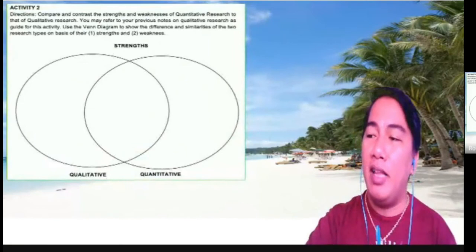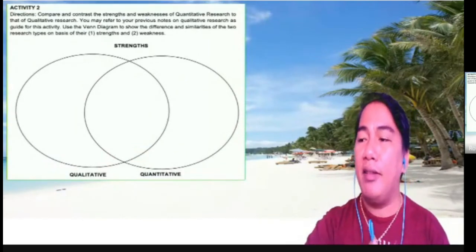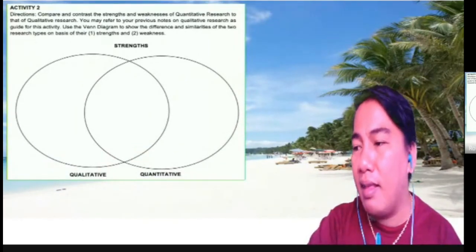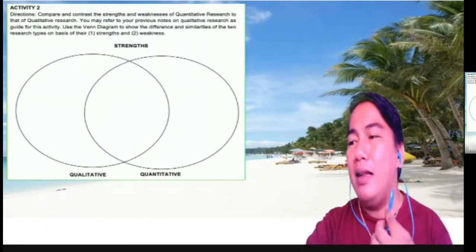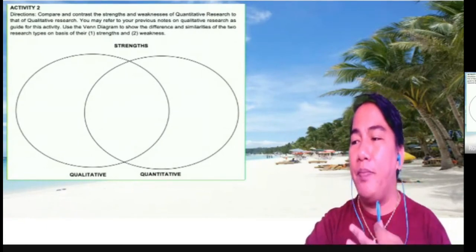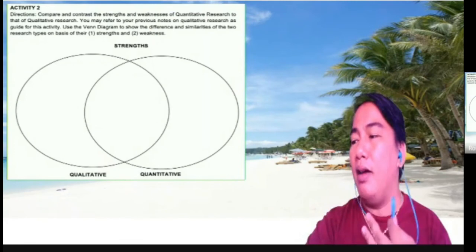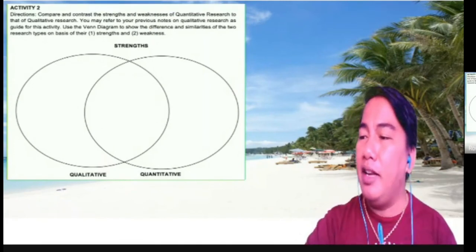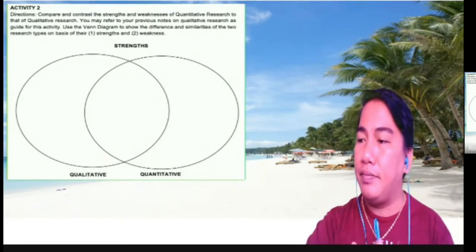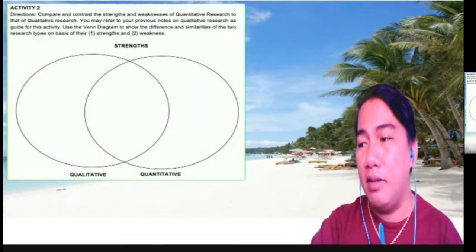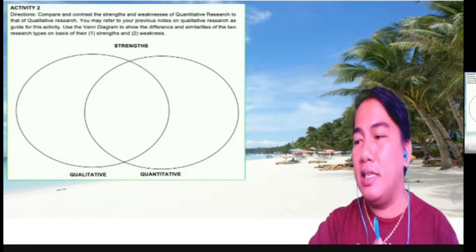For activity 2, you're going to write 5 strengths of qualitative, 5 strengths of quantitative, and on the middle, dito sa gitna, ano yung similarity, kung may similarity, using this Venn diagram.